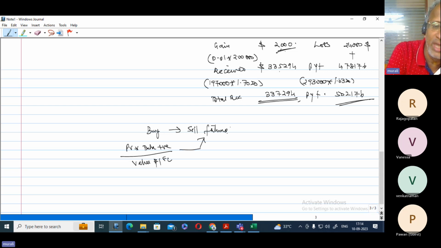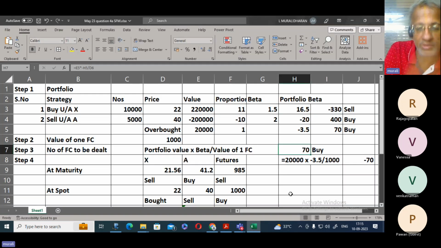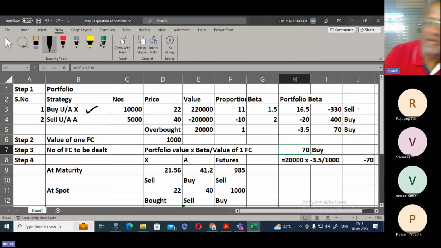Since in this problem the overall portfolio value was overbought but the beta value turned out to be negative, the opposite of sell futures is to buy futures. That sort of logic we can extend in this case. And Rajagopalan was telling you not to do it like that. On an individual basis, you calculate how many contracts you have to sell or buy. Since it is a buy contract, in the futures you have to sell futures using the same formula: portfolio value into beta divided by value of one futures contract.